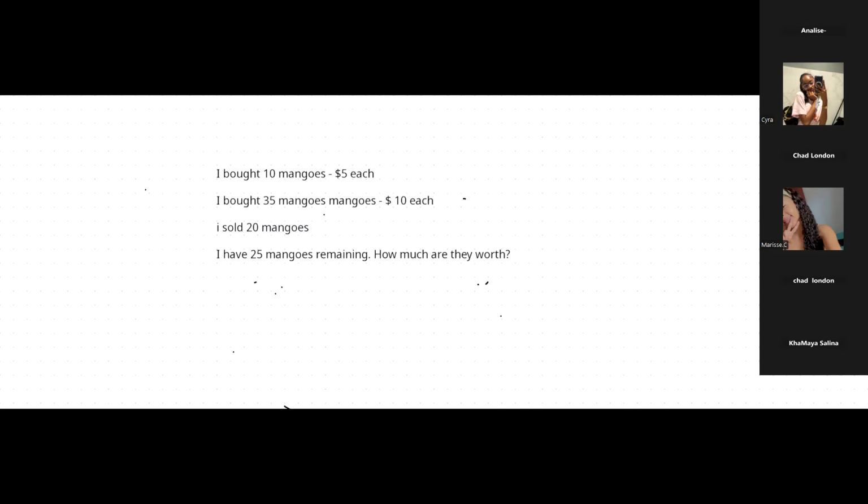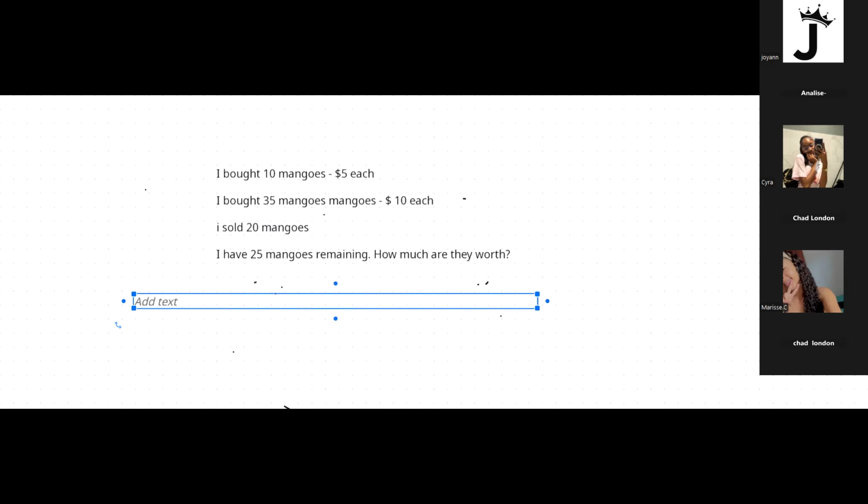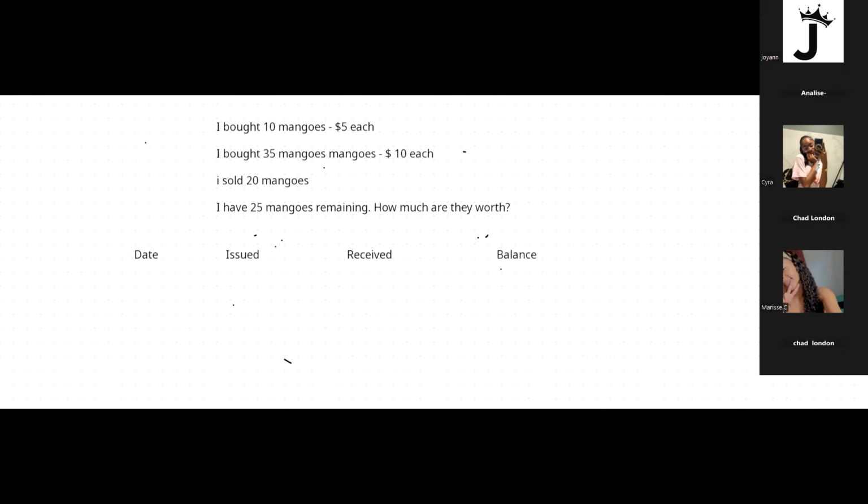That's why we do stock valuation, to try to calculate the value of the stock. So if I was to use FIFO, let's see, issued, received, balance. If I was to use first in, first out, the first set of goods that come in the company is the first set of goods to go out, right?